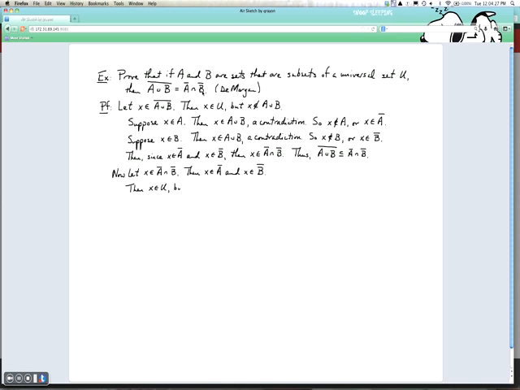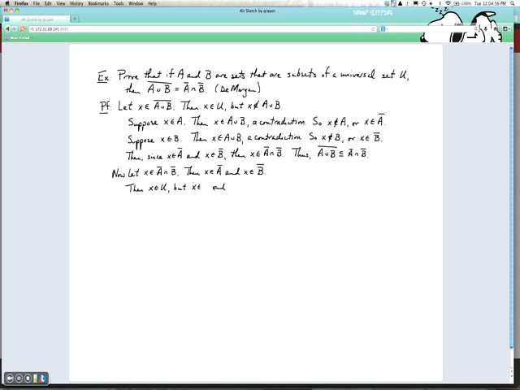That means that X is in the universal set but it is not in A. Okay? And this tells me the not in B complement means it's in the universal set.